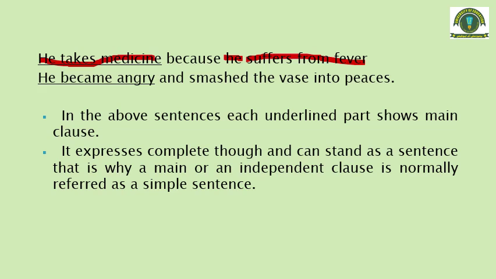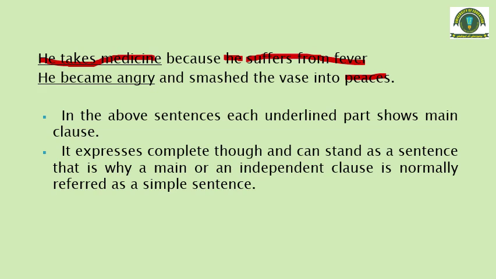"He became angry, and smashed the vase into pieces." I'm sorry, the spelling of pieces isn't correct over here. We need to change it, so I hope you will correct that. "He became angry" is a complete sentence. It has a subject and a predicate, so we can call it a clause. Smash means to break something, to crush something.